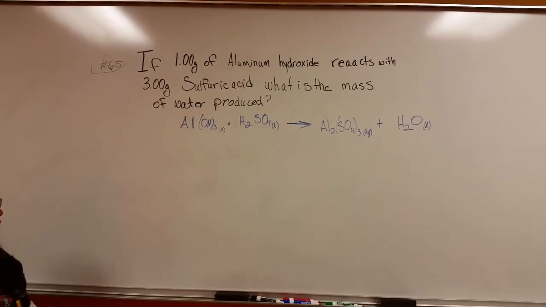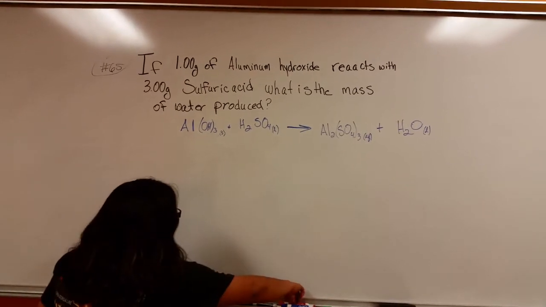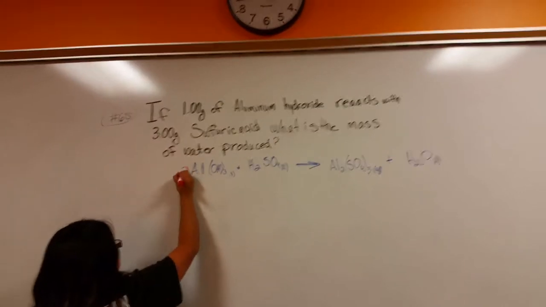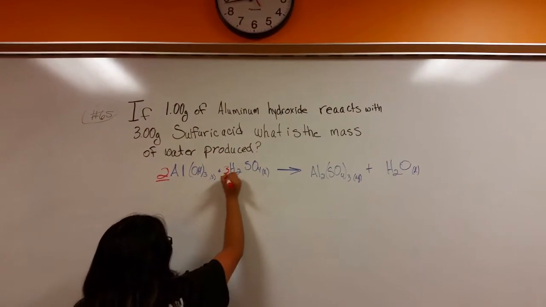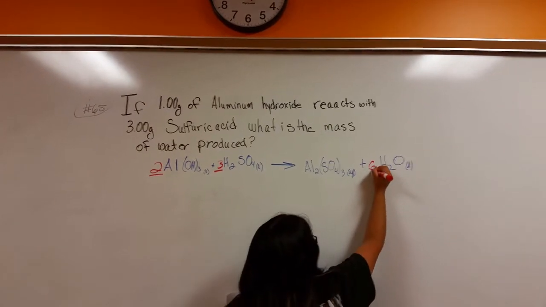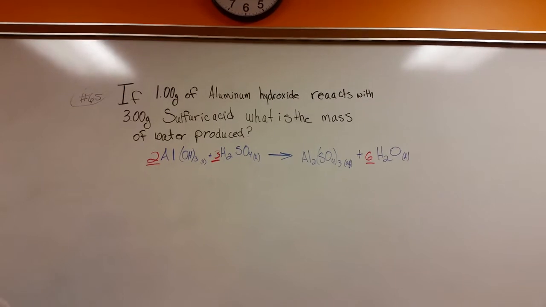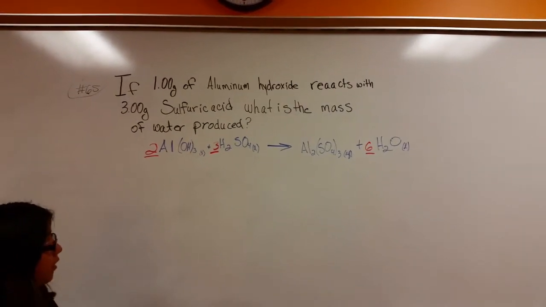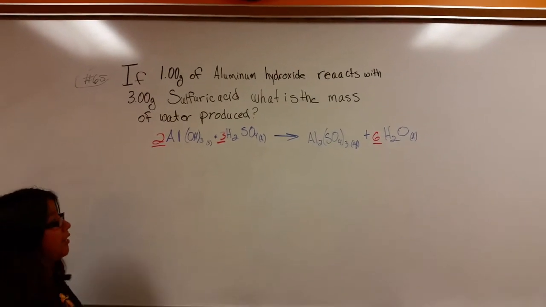First, what you have to do is balance your equation. To balance it, you're going to need to put the coefficients 2, 3, and 6. Why we're doing this is because you need to make sure that you have an equal number of all of the elements involved on each side of the equation.